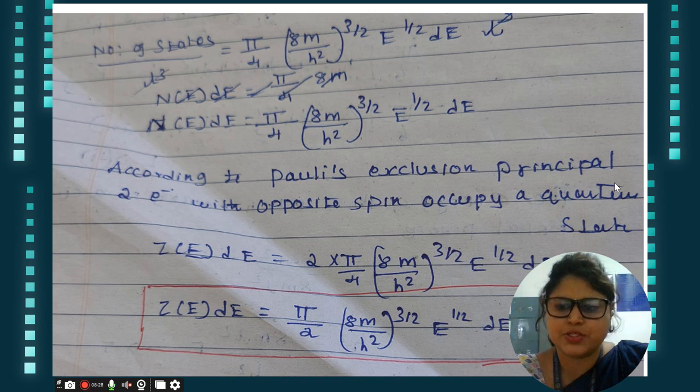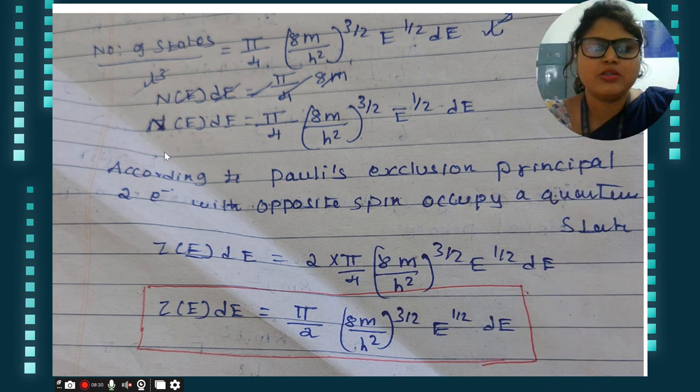According to Pauli's exclusion principle, two electrons of opposite spin will occupy a quantum state. So we have to consider the two electrons.